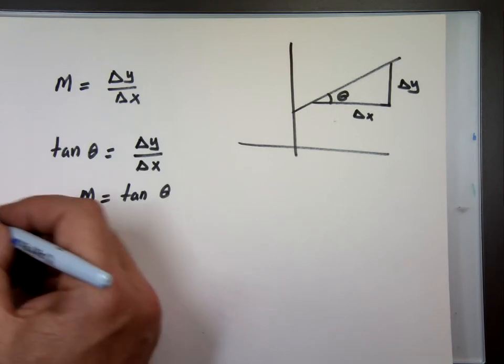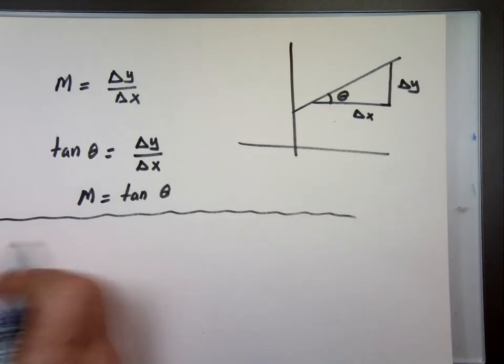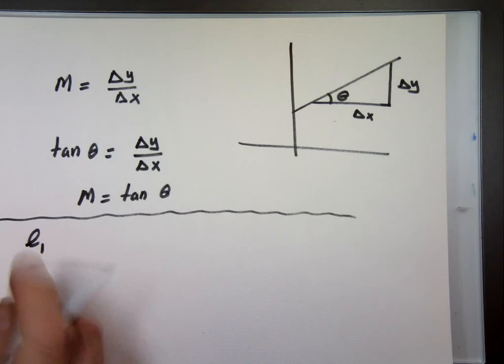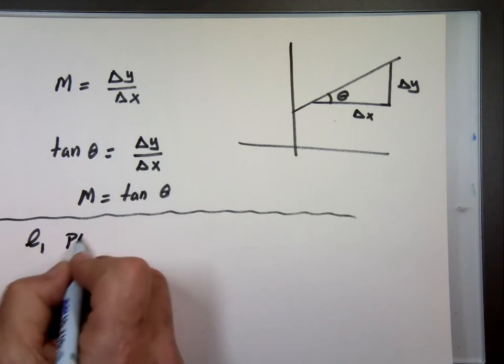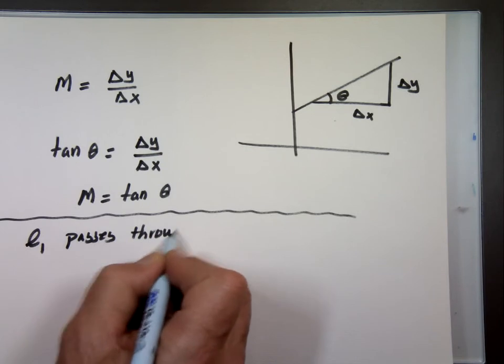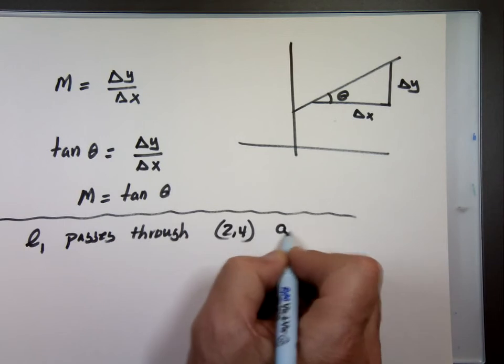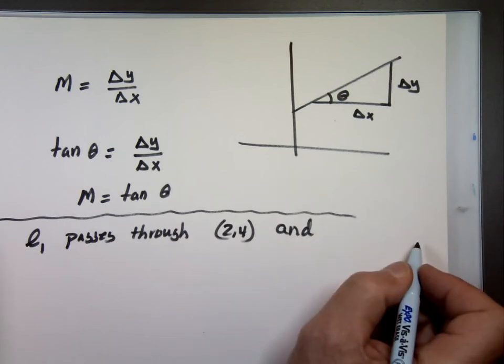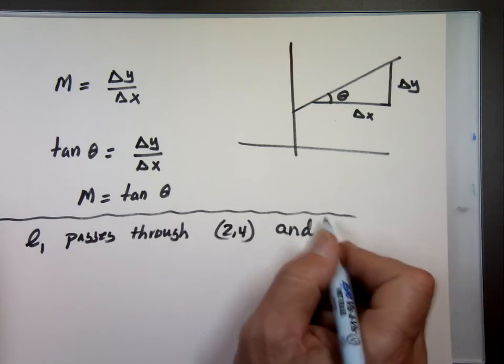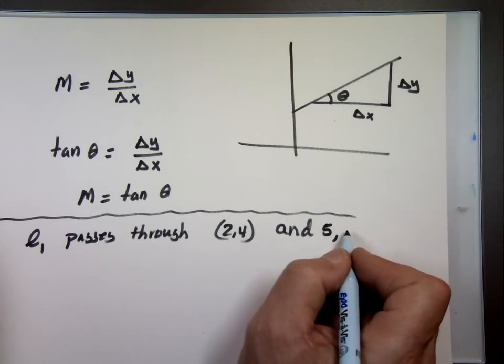Now, if I said to you, we have two lines. Line 1, L1, passes through (2, 4) and (5, 7).